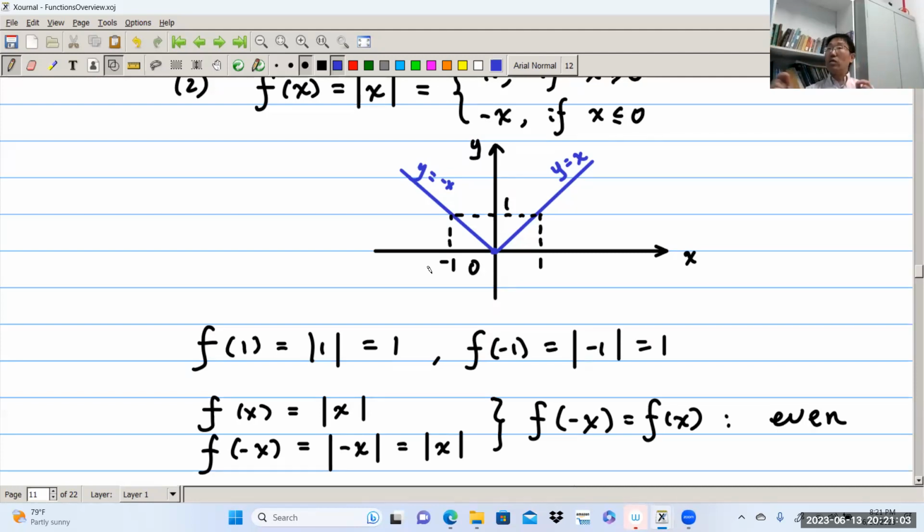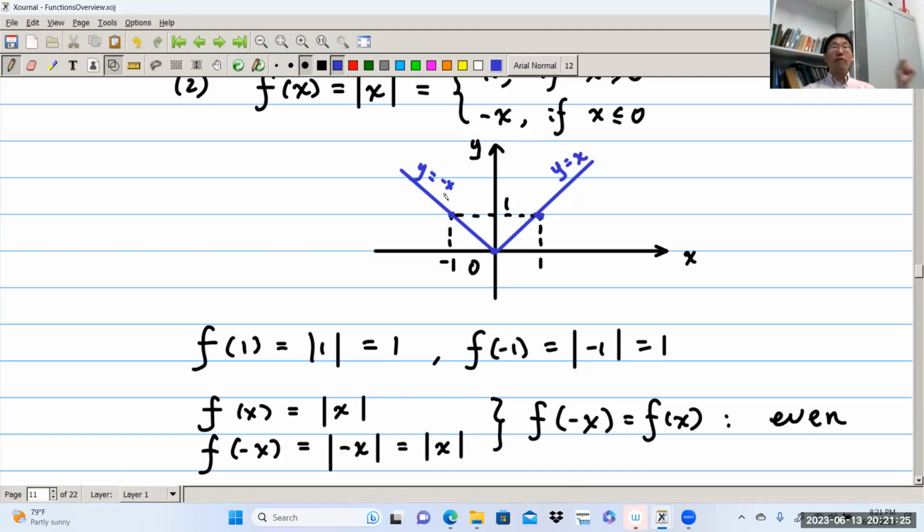So you change the input to opposite, and the output does not change. 1 as the input and -1 as the input have the same output. That's why the graph is symmetric about the y-axis. You have a point at the right, and you have a corresponding point at the left.